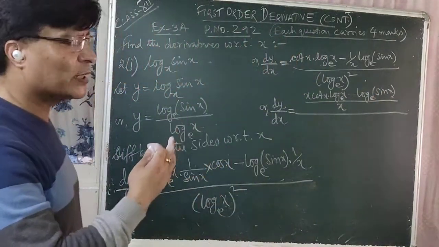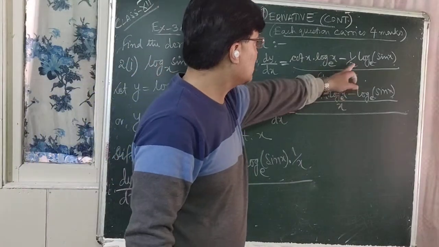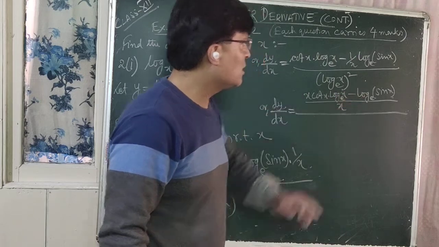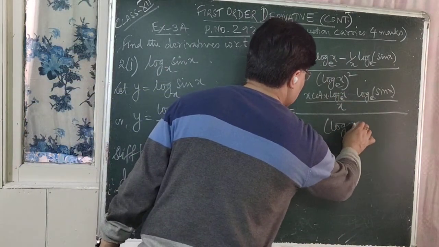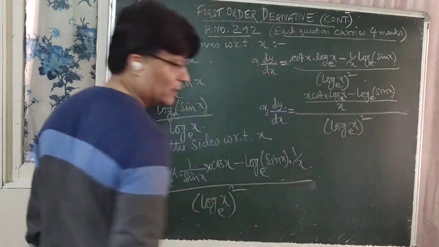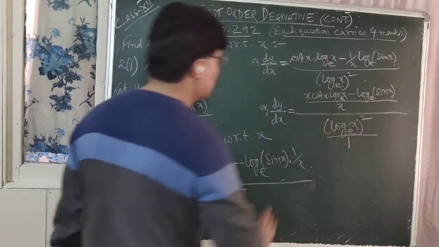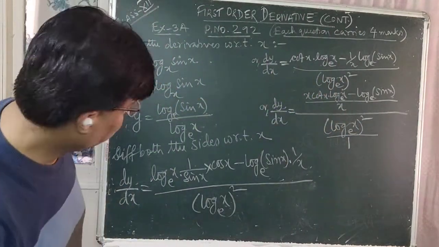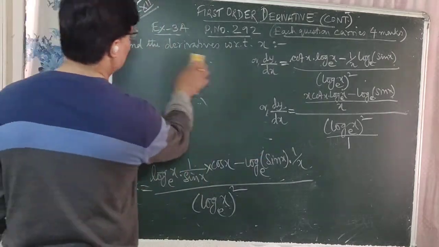Now x is multiplied by this term, that is x cot x log x base e minus log sin x base e, whole divided by log x base e whole square. So actually what is the term below log x base e whole square? It is 1, right? Now simplify it. So what will be in the next step?